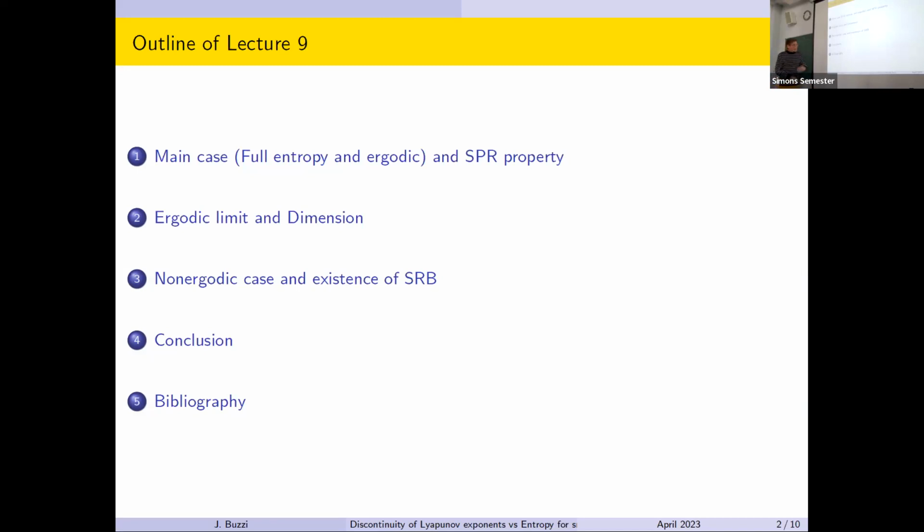And we'll see what we get from that, and it will have application to dimensions of ergodic measures. And finally we will relax the assumption that the limit is ergodic, since it is quite artificial.